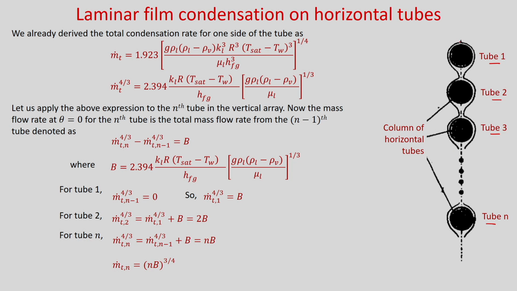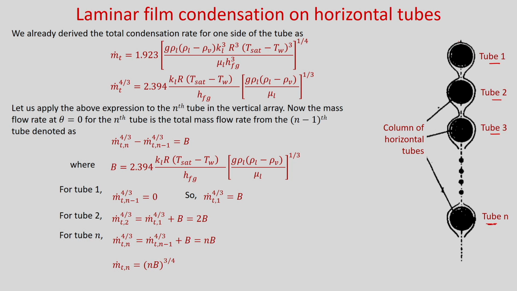Now, you can see from here that when the condensation is taking place, obviously due to symmetry the mass flow rate will be 0 at the top, but when it comes and falls on the second tube, some mass flow is coming from tube 1. Similarly, tube 3 will get whatever condensation happened in tube 1 and tube 2.